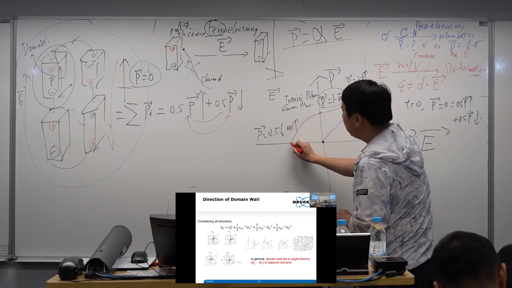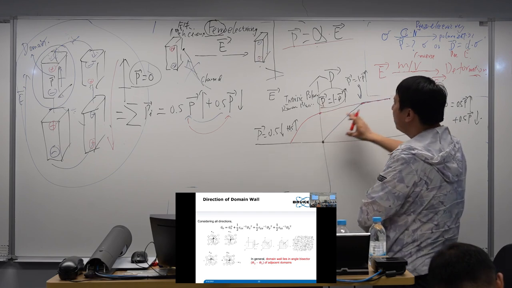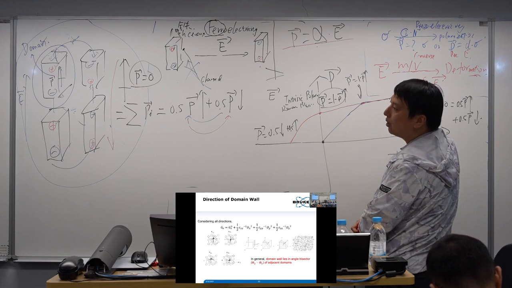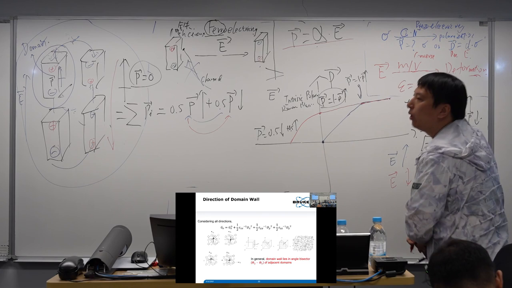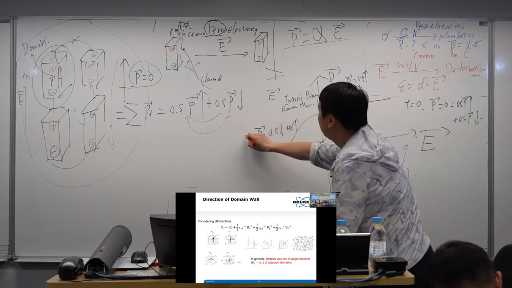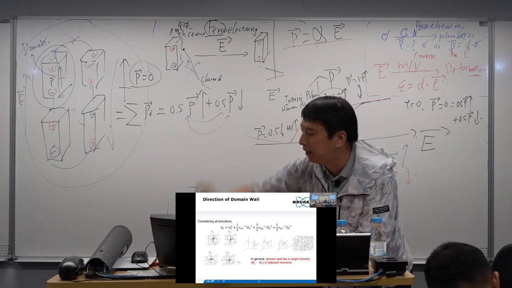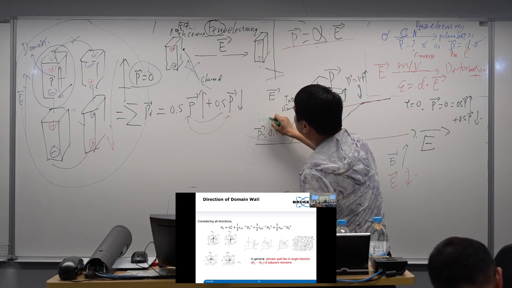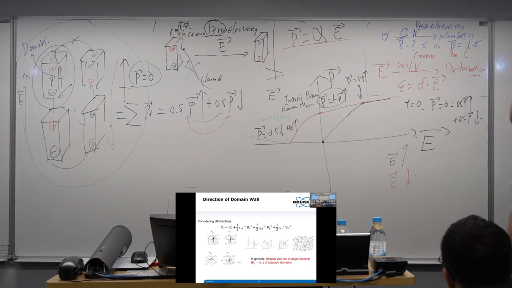And at this point, we have finally changed half of the polarization from up to down. So this electric field, we gave it a name. I'm sorry, I used the green pen. Okay, we gave it a name, coercivity, 矫顽场.